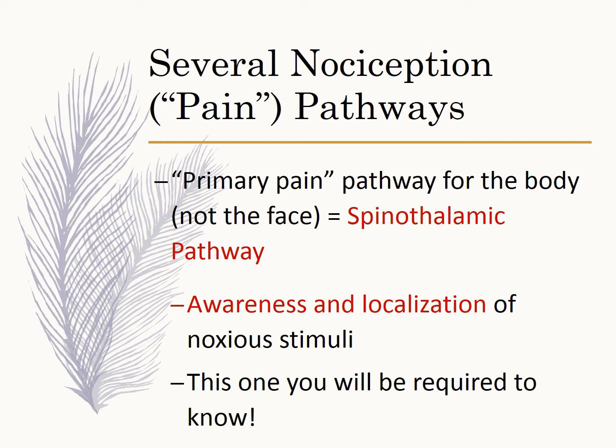They're called primary because these are the pathways that provide us with a conscious awareness of pain and allow us to be able to localize, or to determine the location of, that painful stimulus. The primary pain pathway for the body is known as the spinothalamic pathway.